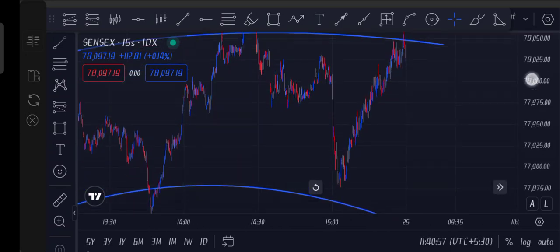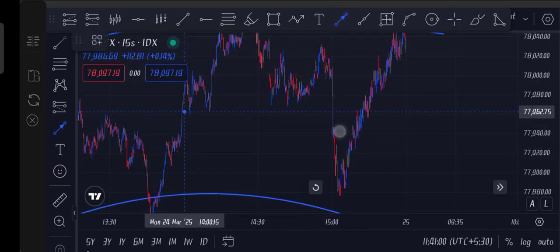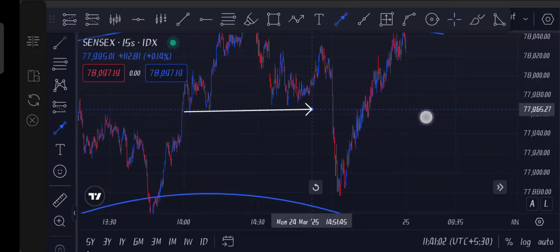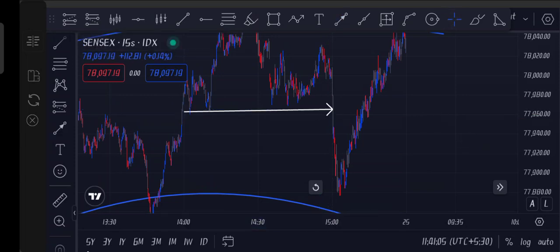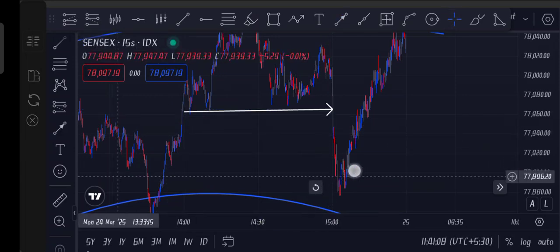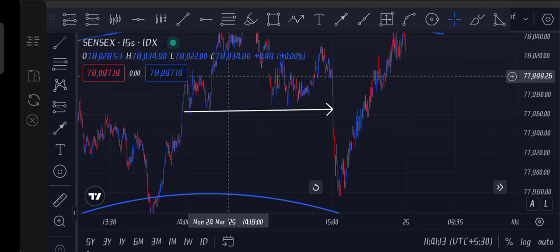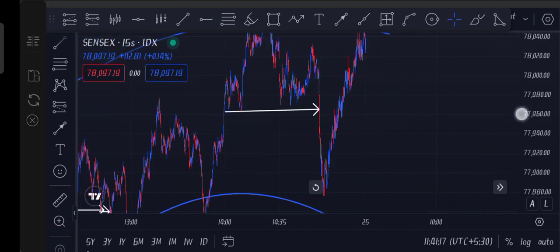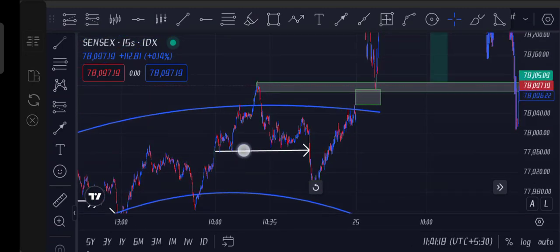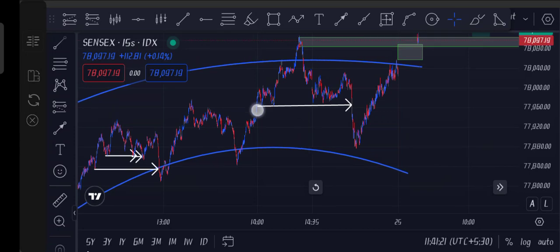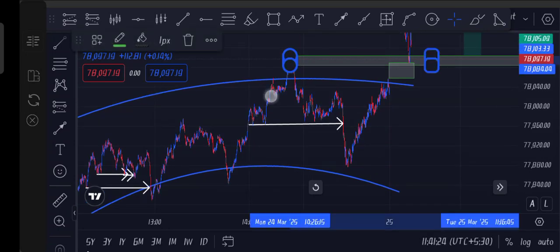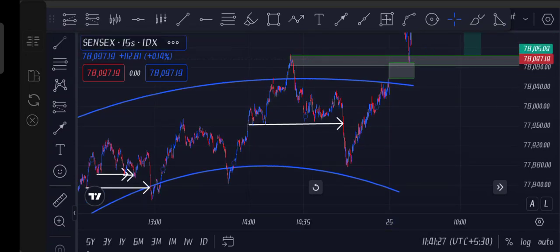You can see in this graph, the first liquidity is there, this equal high equal low. If a number of stop losses are available in this leg, and a number of stop losses in this leg, the market goes in the opposite direction from there, but at that time the market doesn't give any chance to take a profit.